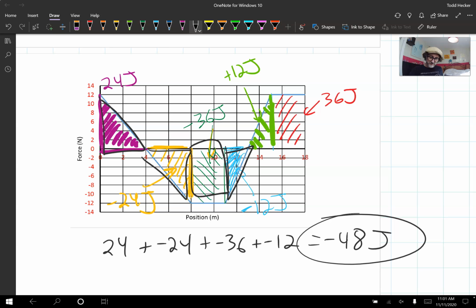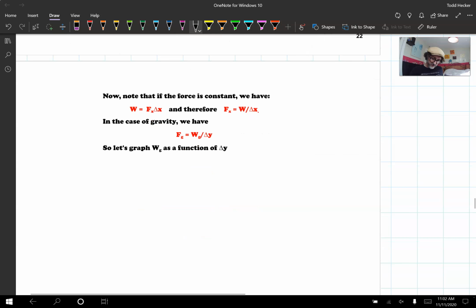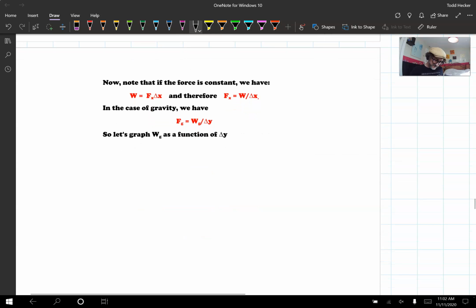All right? Now, sometimes, instead of giving you information about the force, I'll give you information about the work. Okay? So we'll go backwards, right? Because all of the ones that we've done so far, I've given you information about the force, either as a function or as a graph. Sometimes we'll go the other way. Okay?